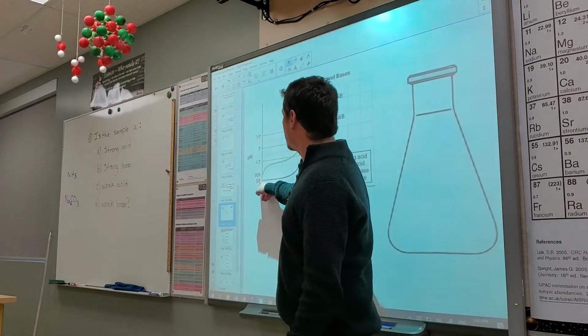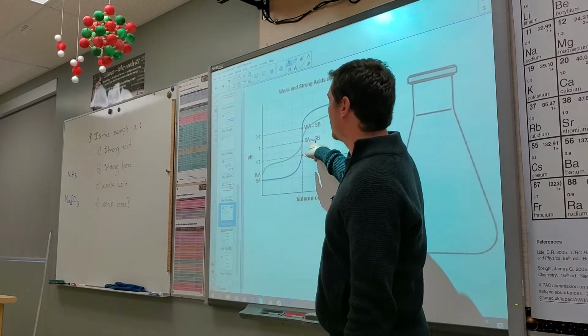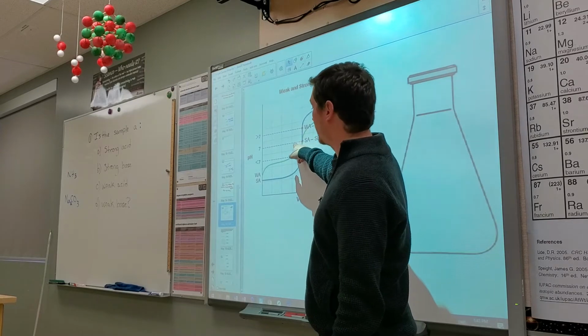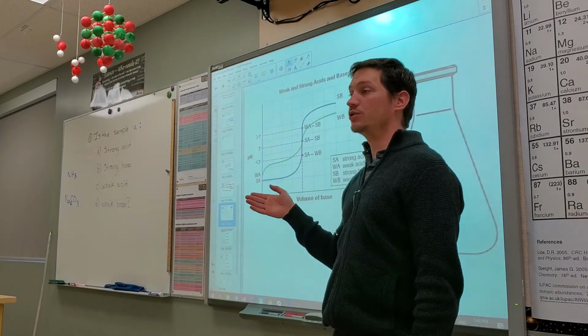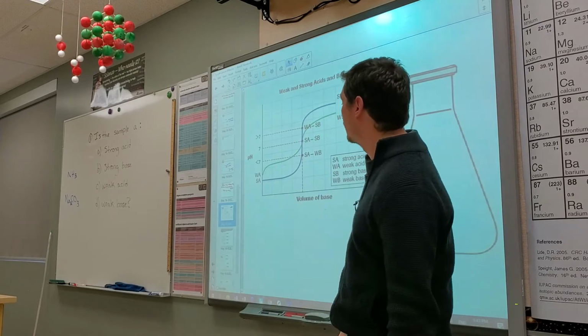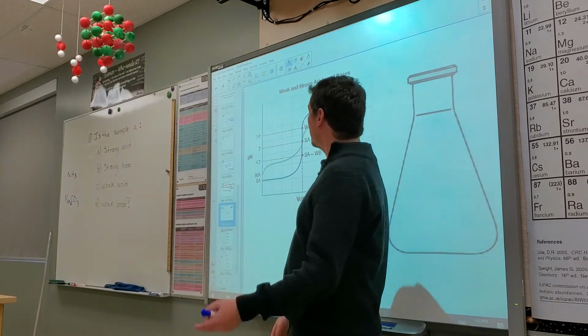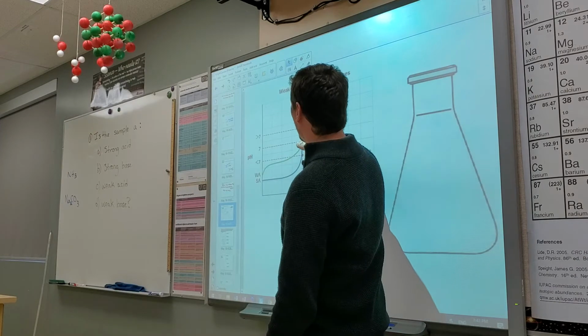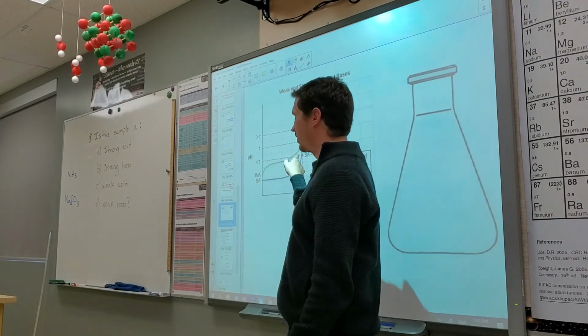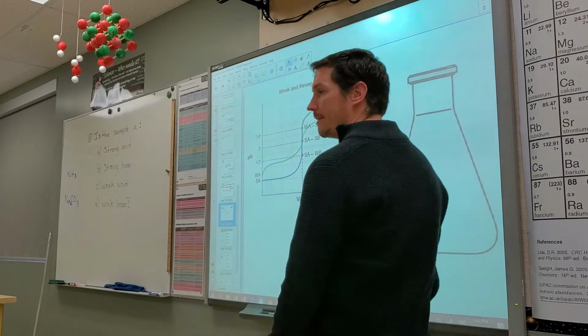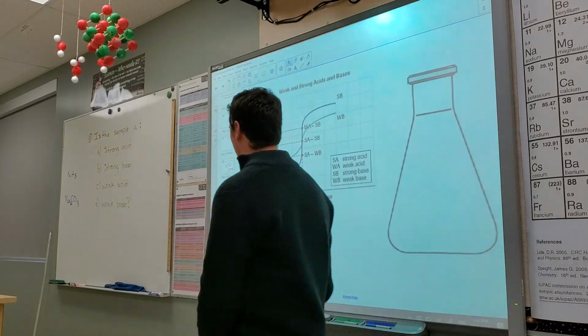Your equivalence point for a strong acid and a strong base will always be what? 7, because you're always just making water and a neutral ionic salt, right? That's all you're doing. But the equivalence point with a weak acid and a strong base is going to be above 7. The equivalence point for the other one is going to be below 7, right? So it just depends on what happens, okay?